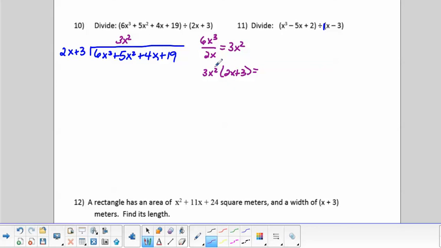And I distribute, so I get 6x to the third plus 9x squared. And that goes here. Now I need to subtract both terms. So the first terms cancel, and I have 5 minus 9, so I get negative 4x squared. Bring down the 4x.